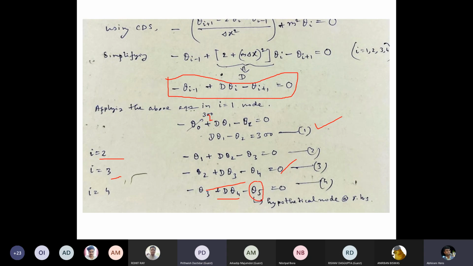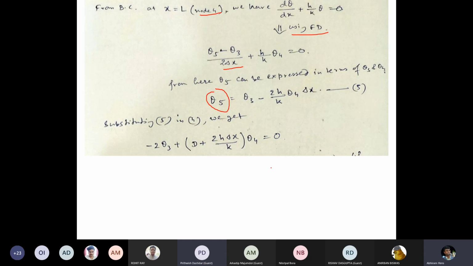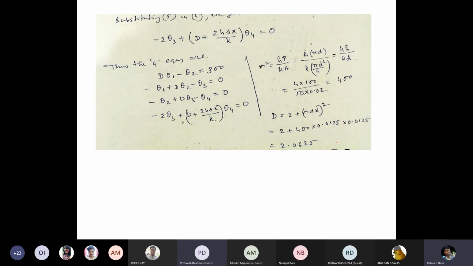So we express theta 5 in terms of theta 3 and theta 4 and substitute it in equation 4, and this is the final form of equation 4. Now there is no hypothetical point. So the 4 final equations are coming out like this.